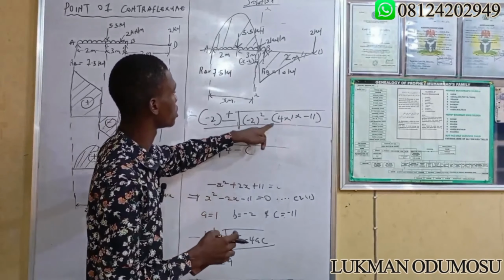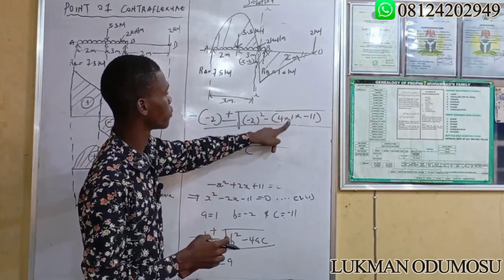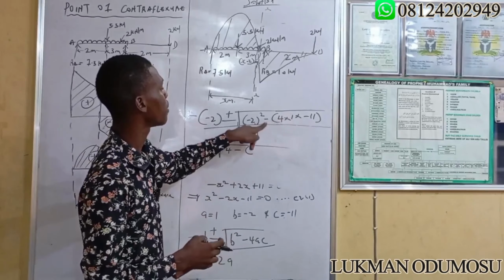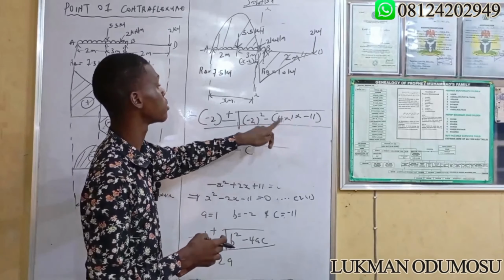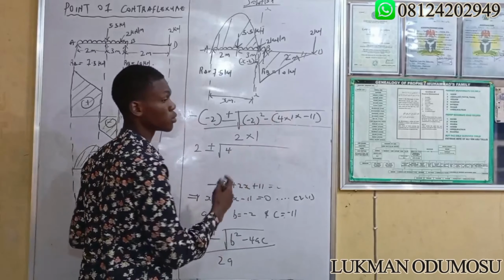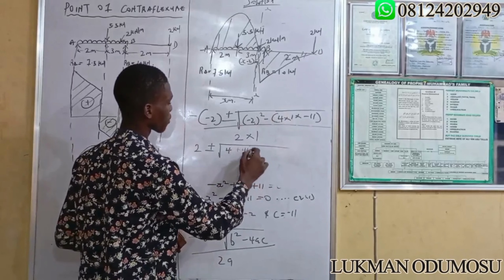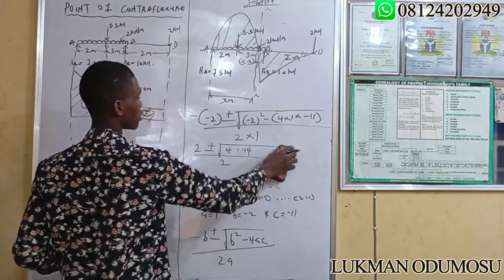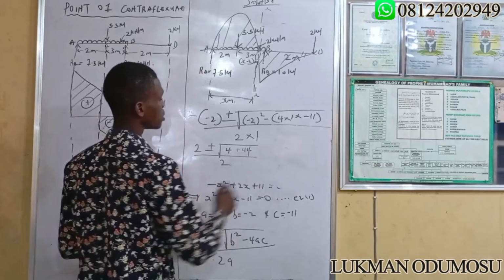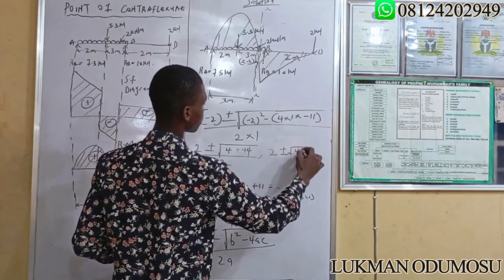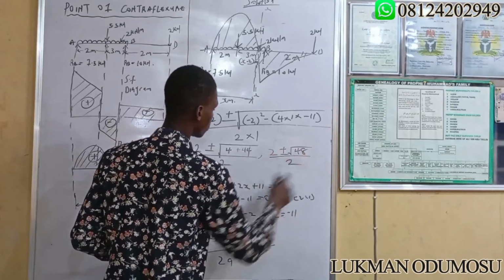Sorry, let me come again. 4 times 1 is 4, 4 times minus 11 is minus 44. Then minus times minus 44 simply means plus 44. Meaning from here I have plus 44 all over 2, which means 2 plus or minus square root of 48 all over 2.